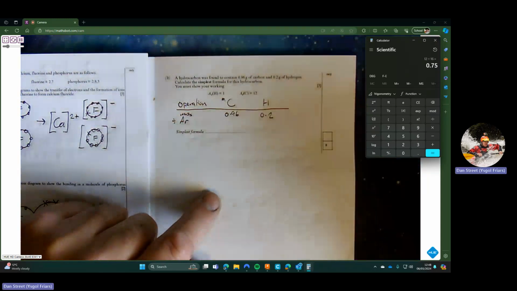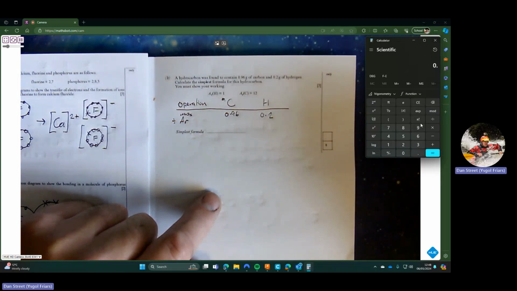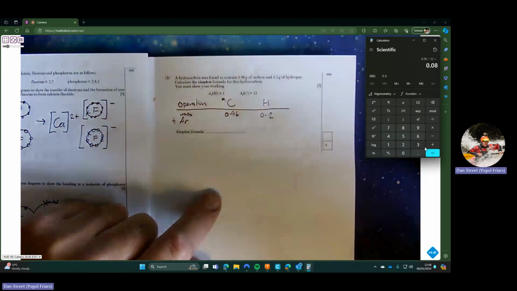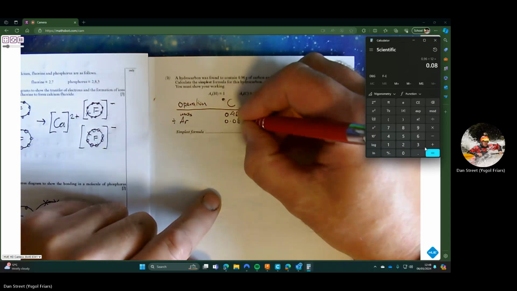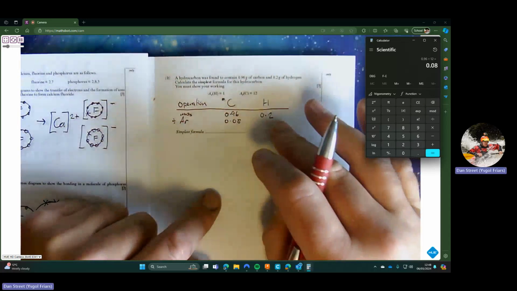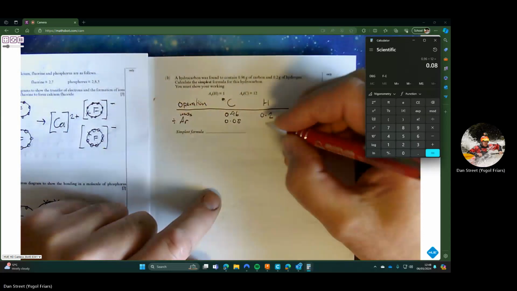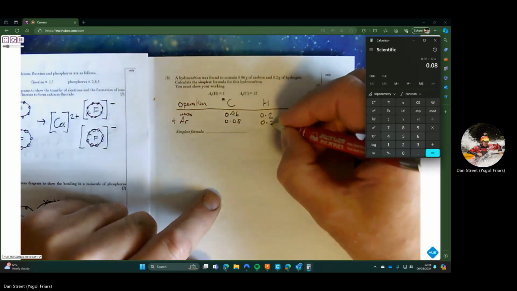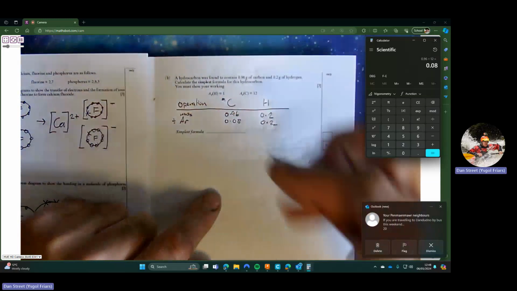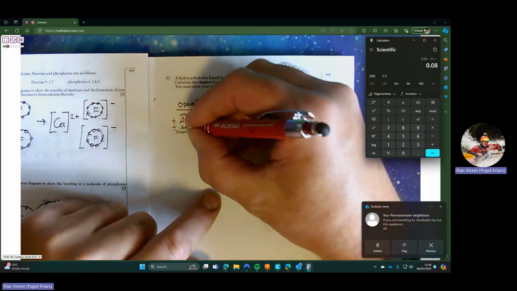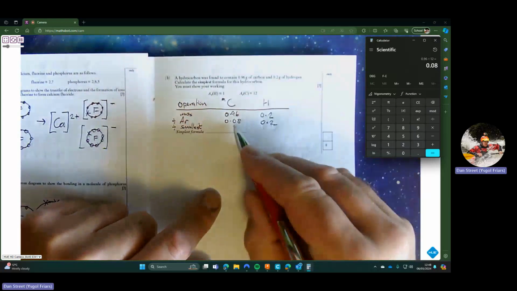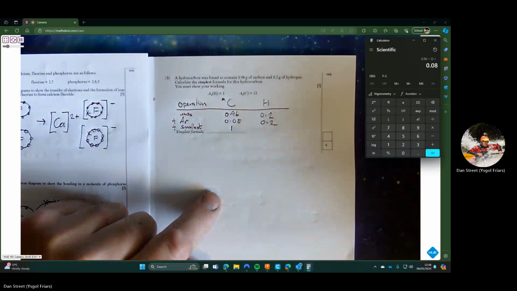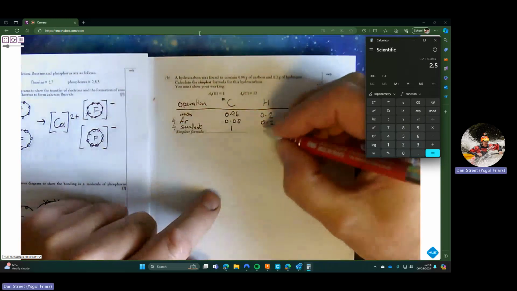Okay. So the first thing we do is we divide by the Ar. So for each one, 0.96 divided by 12 gives us 0.08, and then 0.2 divided by 1 is 0.2. And if we divide by the smallest, which is the thing we need to remember, of these two values, that's going to be 1, and then 0.2 divided by 0.08 is 2.5.